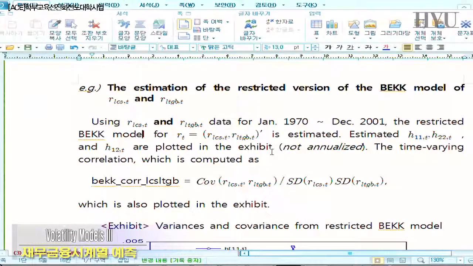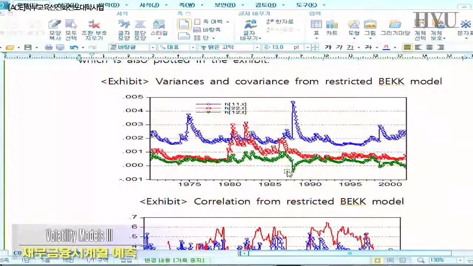And also the covariance divided by the square root of this and the square root of that, that's the correlation. But it is time varying, so the correlation is going to be time varying too. Okay. Here is the result.